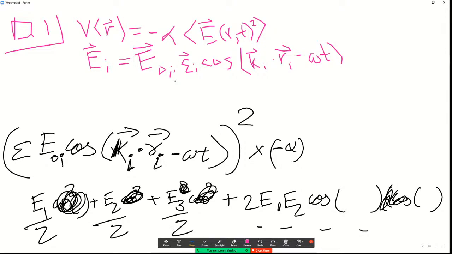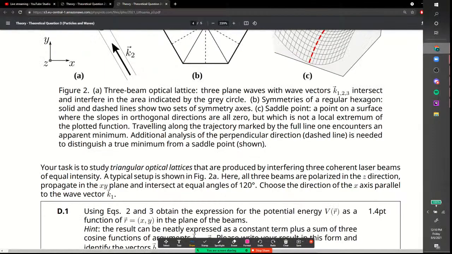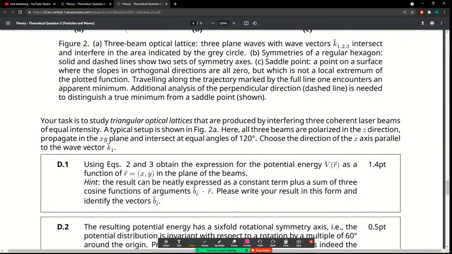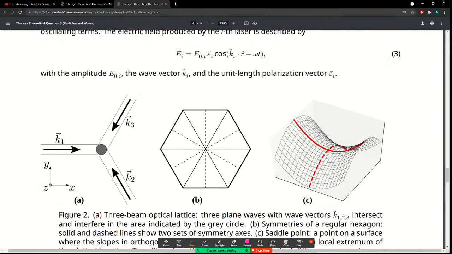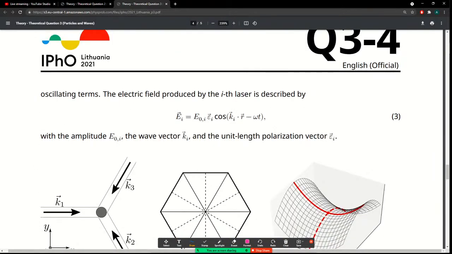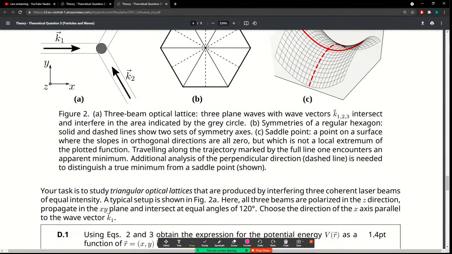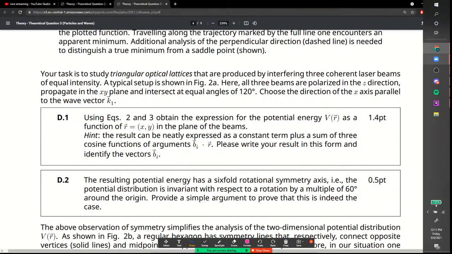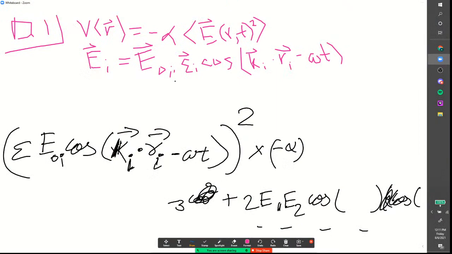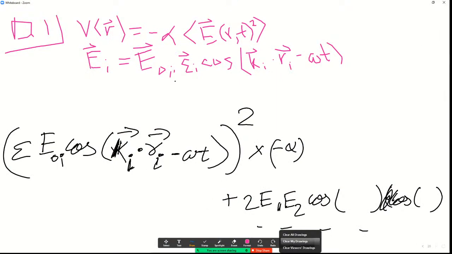Are E1, E2, E3 the same or different? E0, I mean E0i. Judging from the problem, I think it's the same. Okay. So we can do this as 3/2 E plus the average of this.